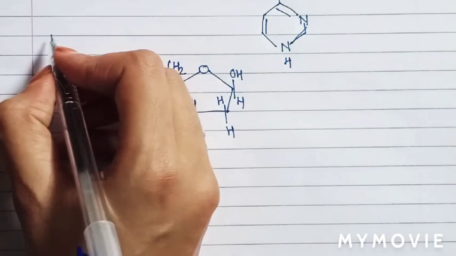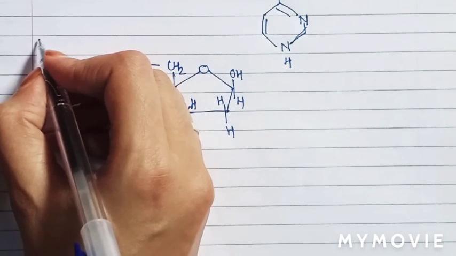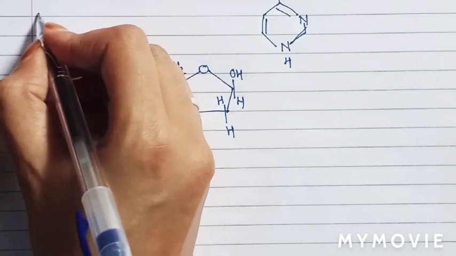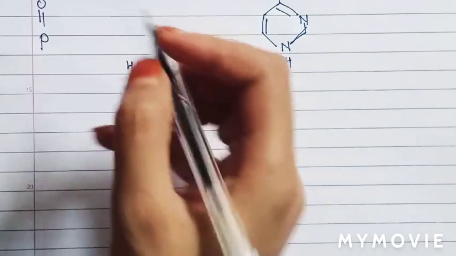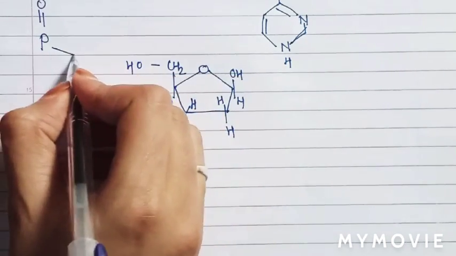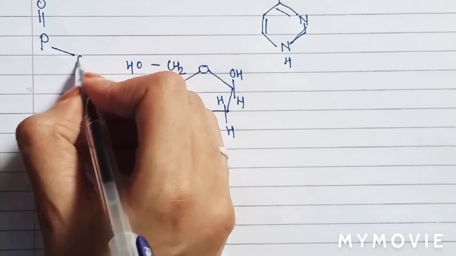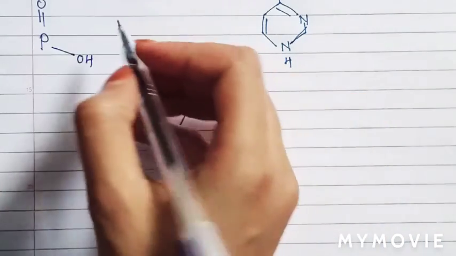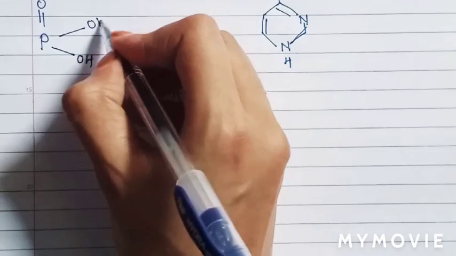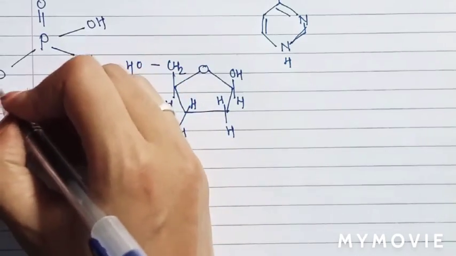Now we will draw the structure of the phosphate group, P, having a valency of 2 oxygen. Here you can see OH group is attached, and here OH group is attached.